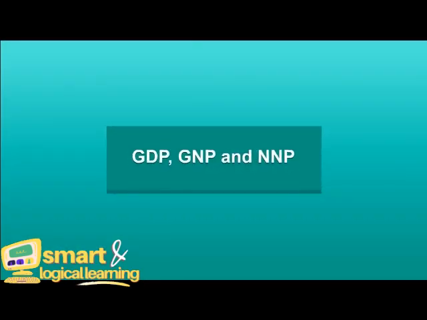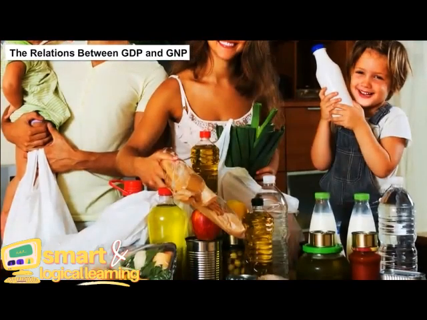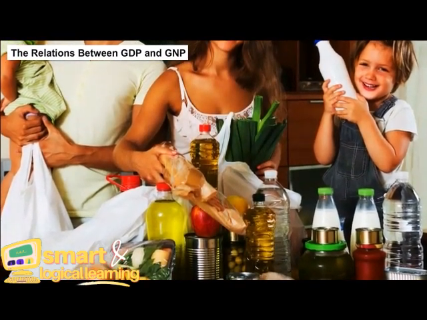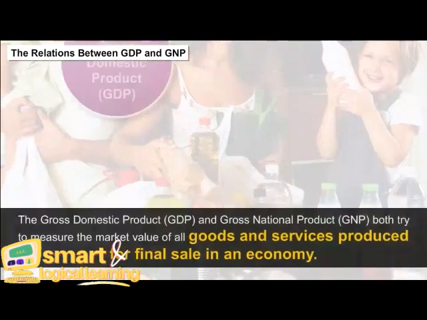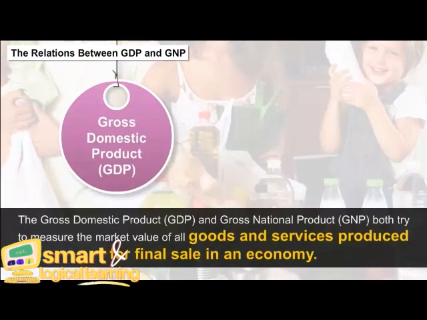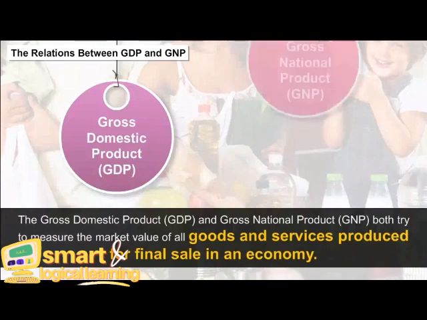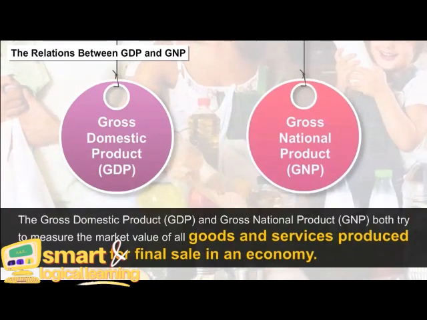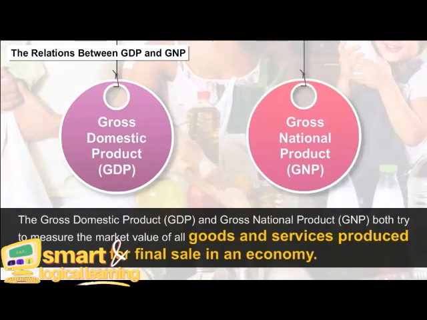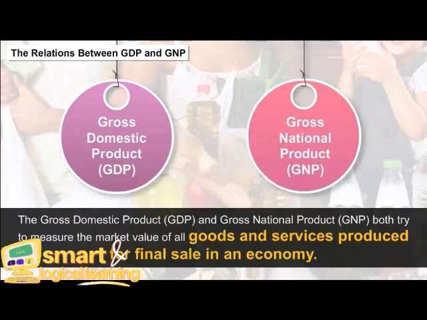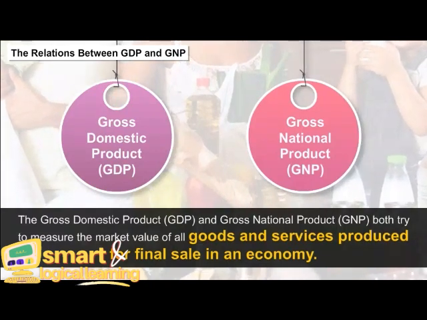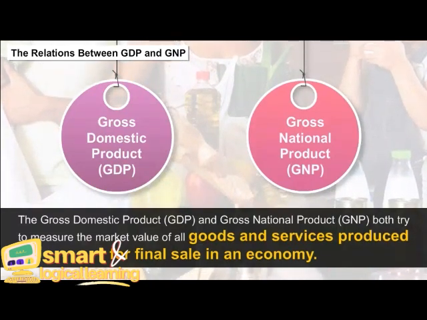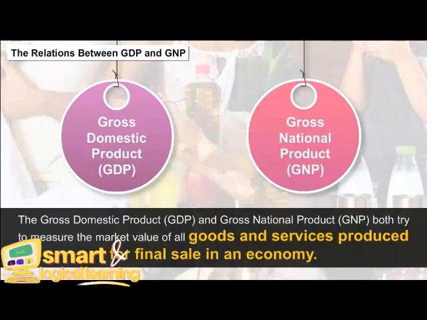GDP, GNP, and NNP. The relations between GDP and GNP. The gross domestic product, GDP, and gross national product, GNP, both try to measure the market value of all goods and services produced for final sale in an economy.